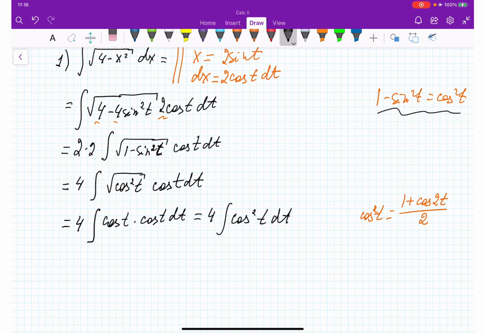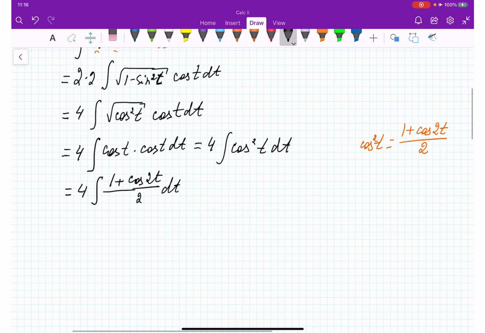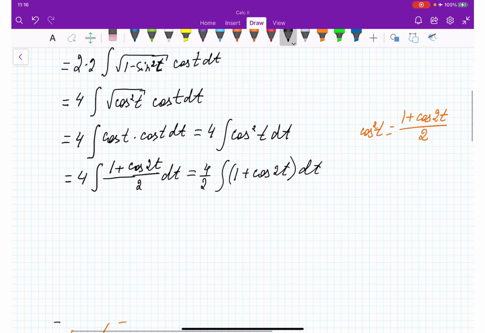All right, so from here, what we are getting is 4 integral 1 plus cosine 2t divided by 2 dt. This 2 underneath comes out. We get 4 over 2, and I'm getting 1 plus cosine 2t dt. Yep, much, much better.